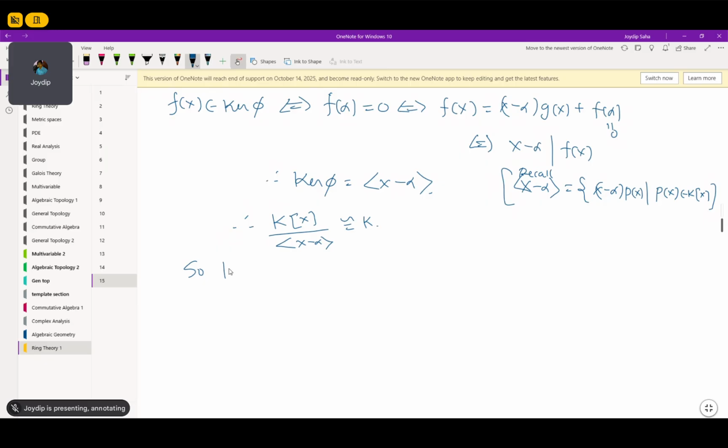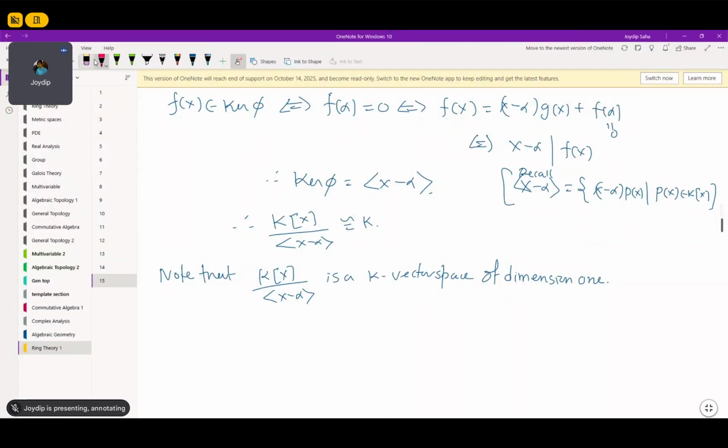So note that k[x] quotient (x minus alpha) is a k vector space of dimension 1.